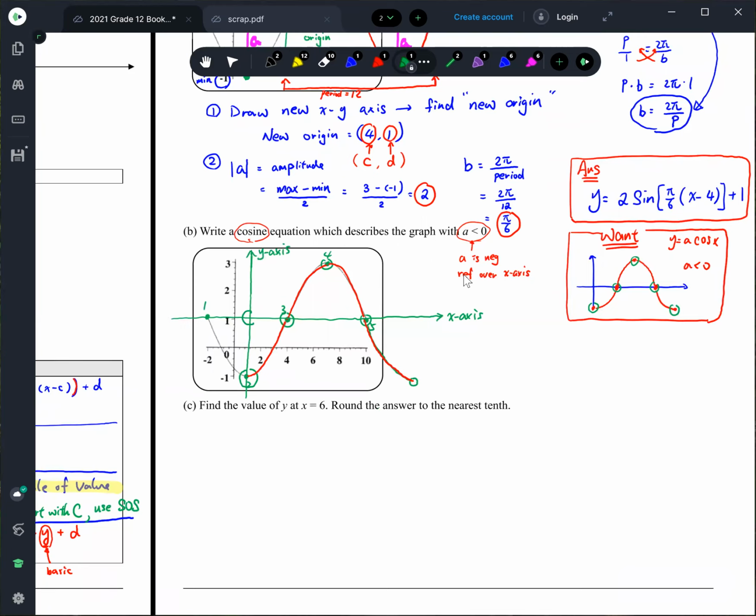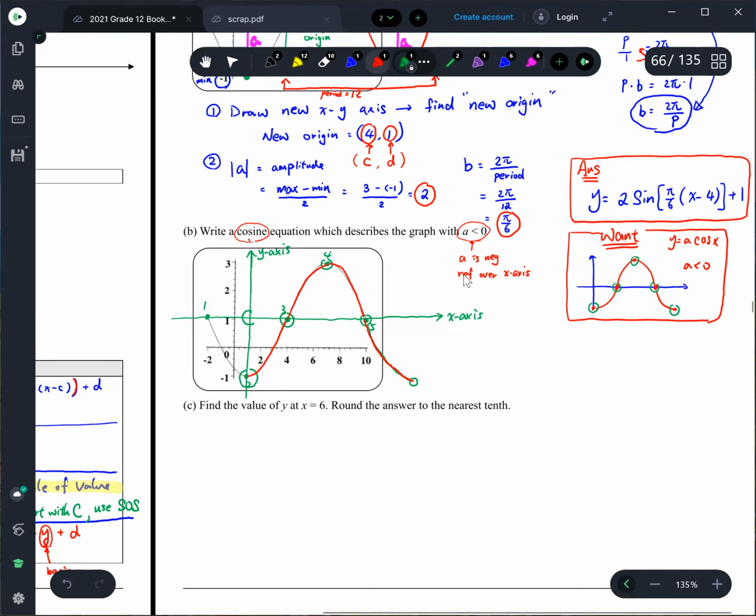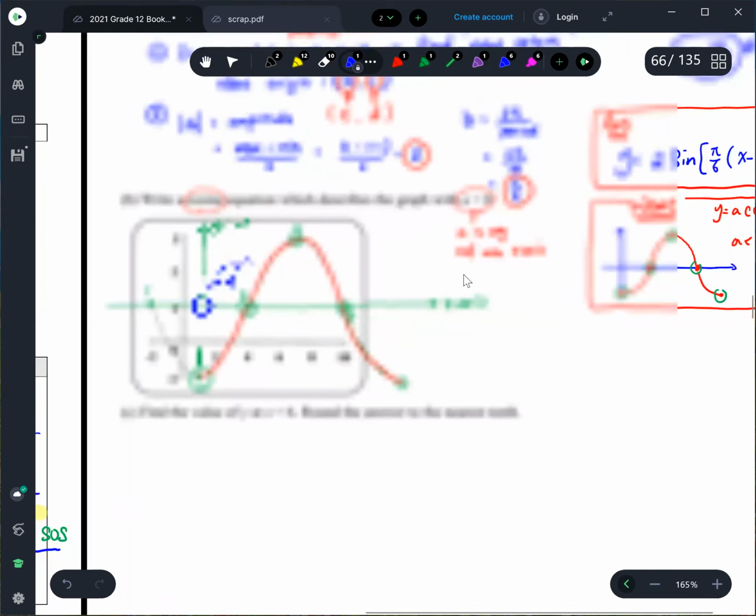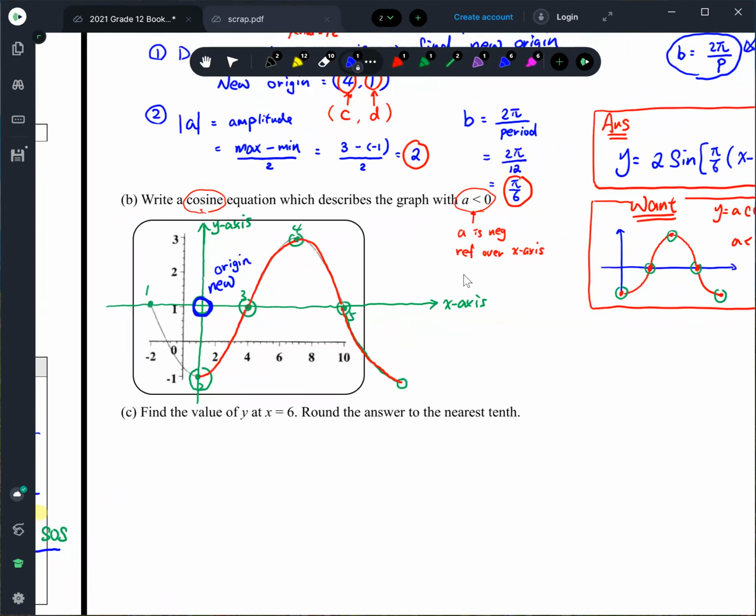I'm going to circle that in a different color. This is the new origin. Can you raise your hand if you understand how we get the new origin?